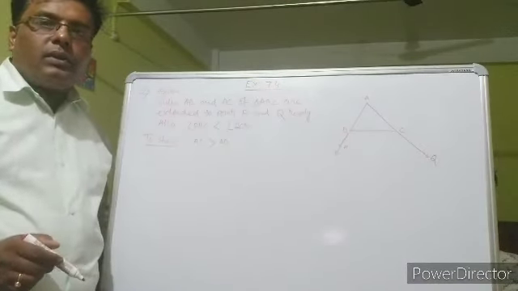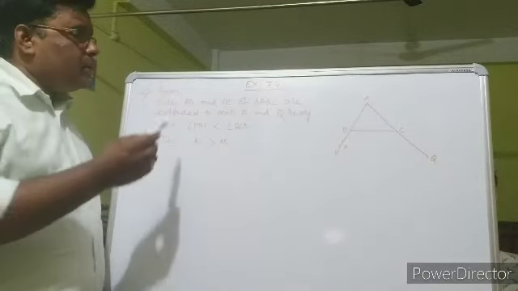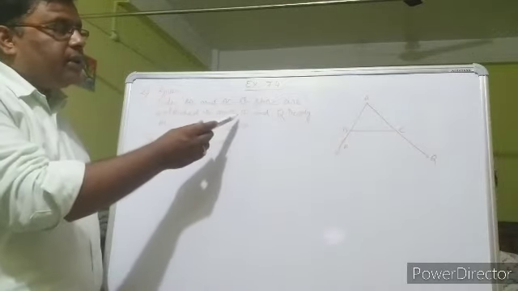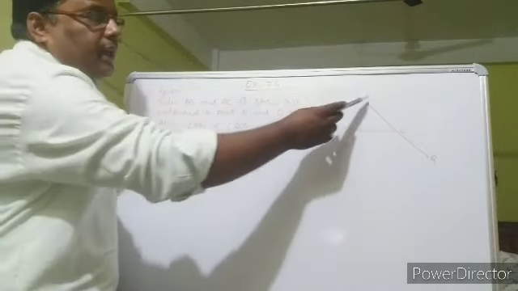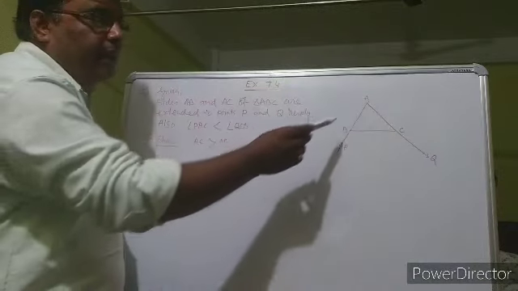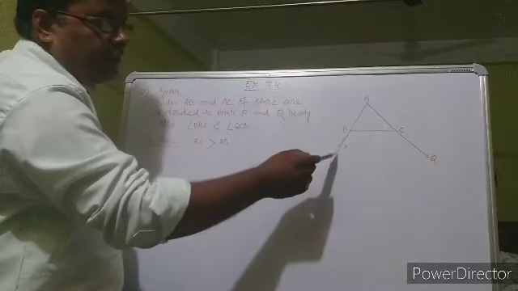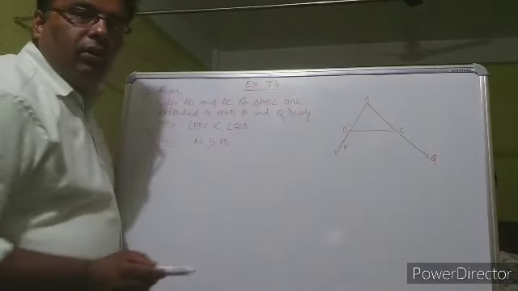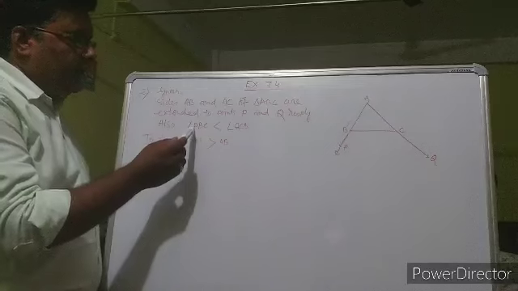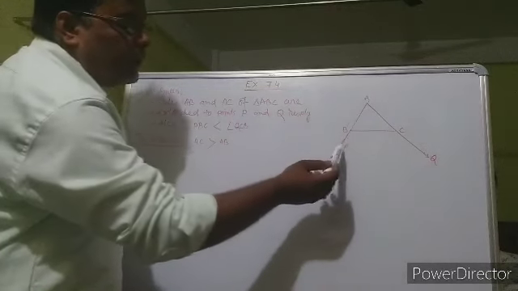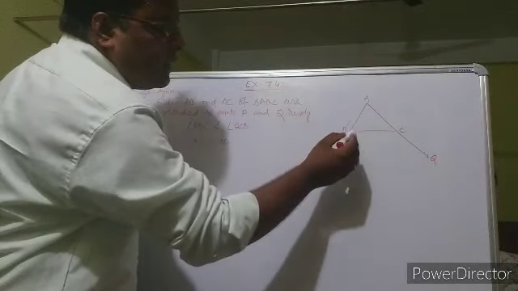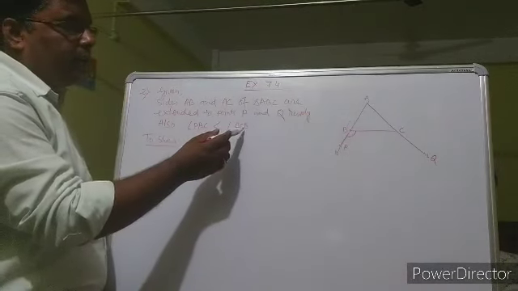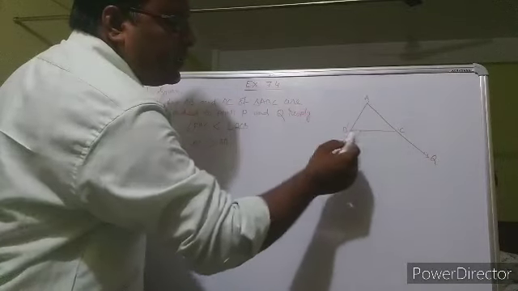So next, question number 2. In this question, sides AB and AC of triangle ABC are extended to points P and Q respectively. That is, AB is extended to P and AC is extended to Q. And given that angle PBC, this angle, is less than the angle QCB, that is this angle.